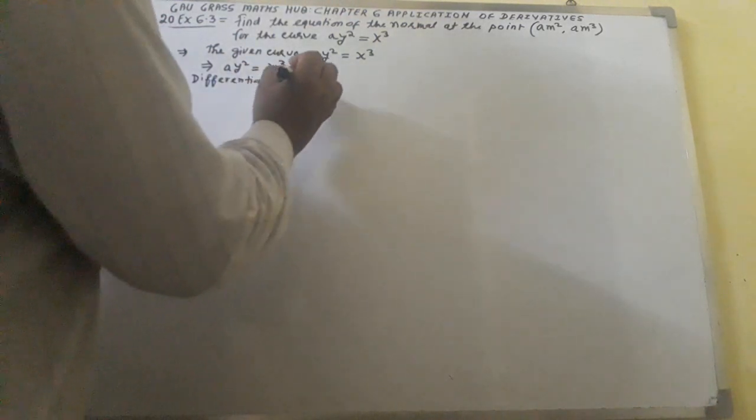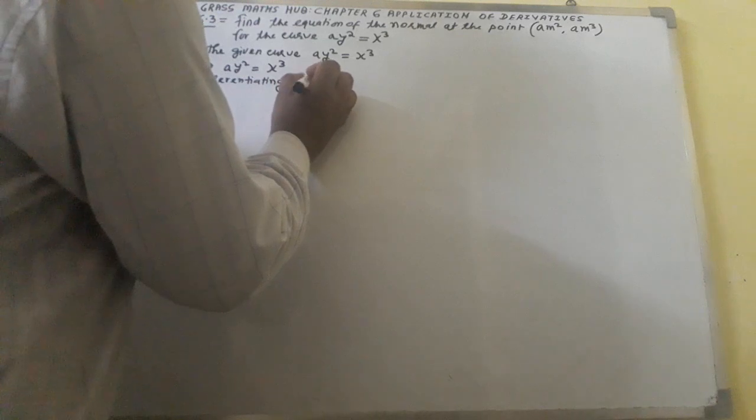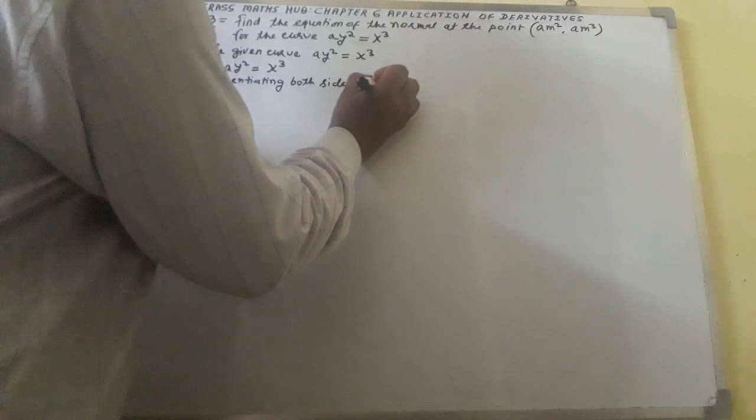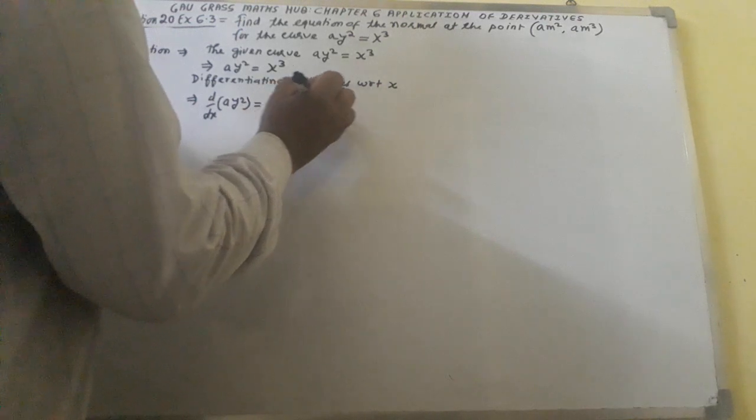I have written it. Differentiating both sides with respect to x, d over dx of ay² equals d over dx of x³.